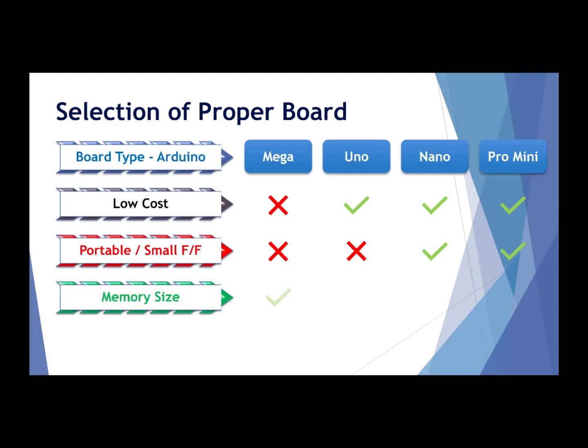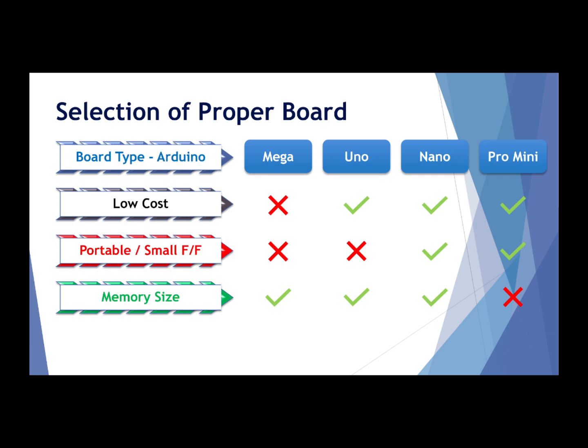And if I talk about the memory size, the Mega and Uno memory size is very good, and Nano is also quite sustainable. But talking about the Pro Mini memory size, it comes with only 1 KB of flash memory, which is very little. As you will see in the coding portion, the code of this project is very large, and it was unable to fit inside the memory of the Pro Mini.